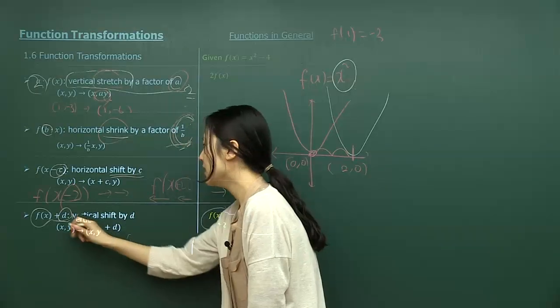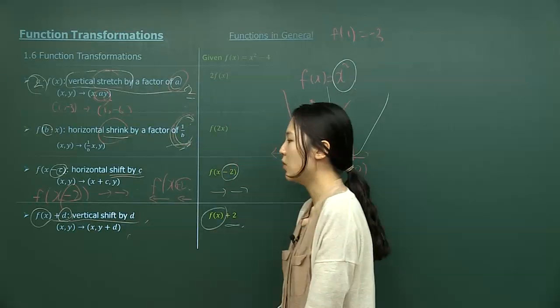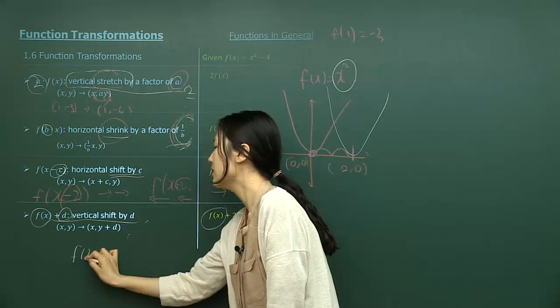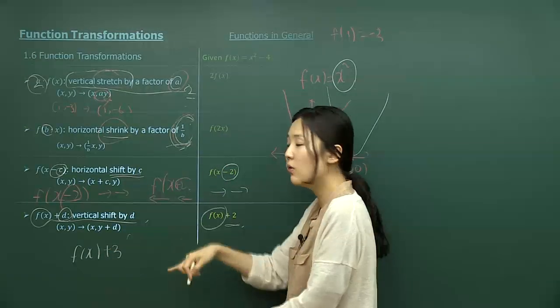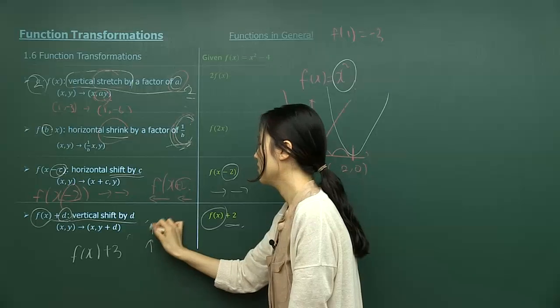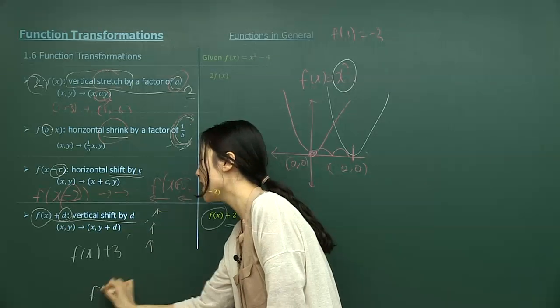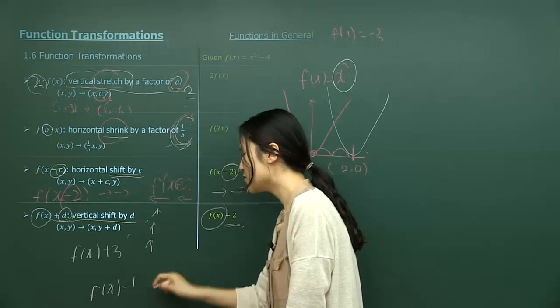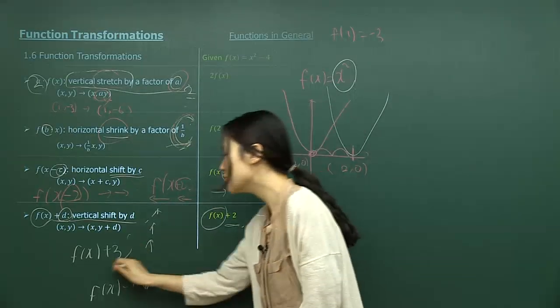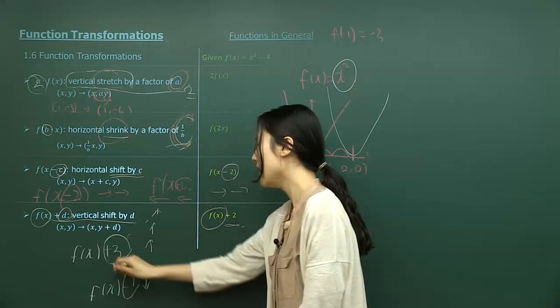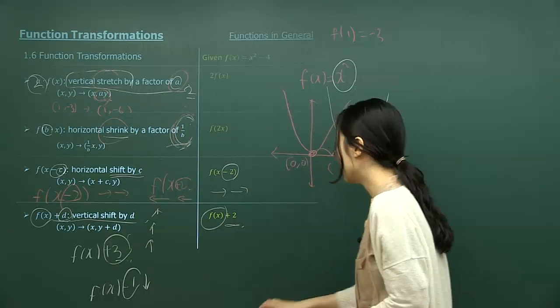So unlike the previous one, if your function is added by 3, then the function's graph actually goes up by 3. And if it's being subtracted by 1, then it actually goes down by 1 unit. That's all. So you can just simply follow the sign and the value for vertical shift.